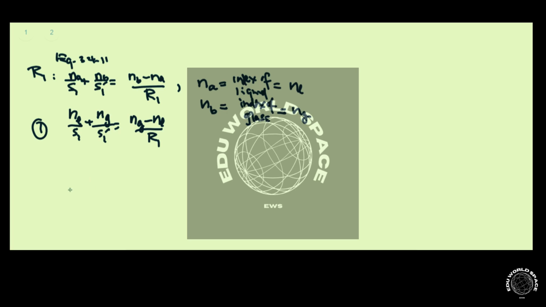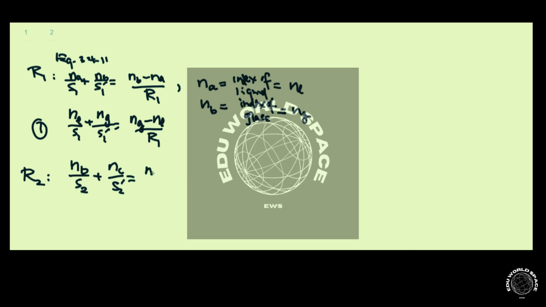And now let's look at the interface at R2. Again, we're going to apply 34.11 at R2. And this time I have NB over S2 plus, and now the other side of that interface will have NC over S2 prime.